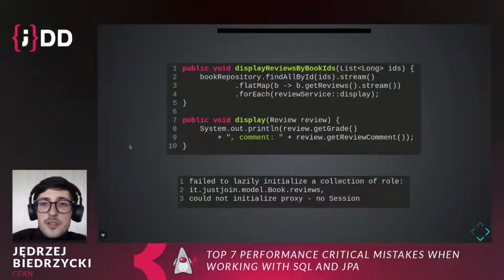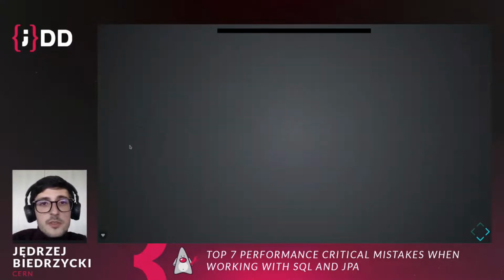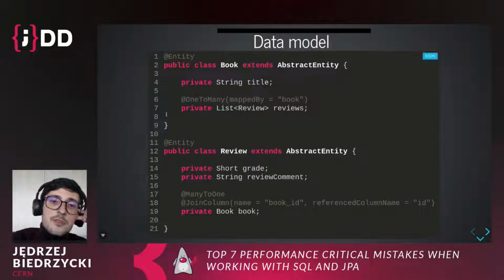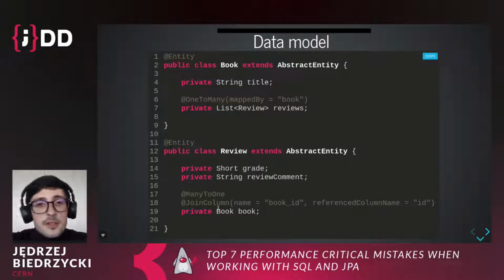And where does this really come from? To understand this, we need to go back to our mapping, and we need to remember that by default in JPA, every to-many relationship is lazy, and every to-one relationship is eager.